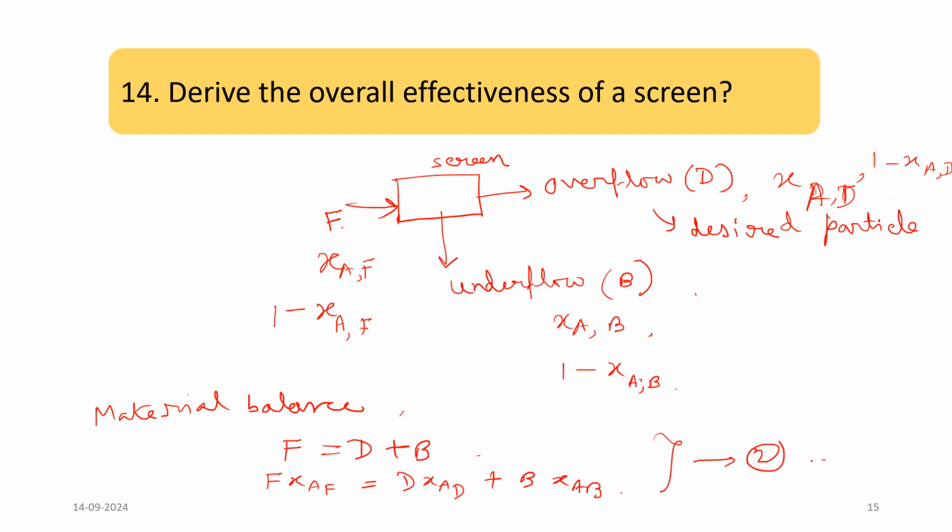These two are our material balance equations. Now if we want to remove, suppose D, or you can remove the B also.